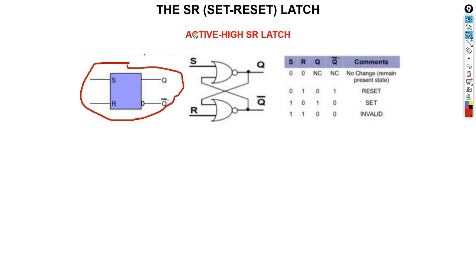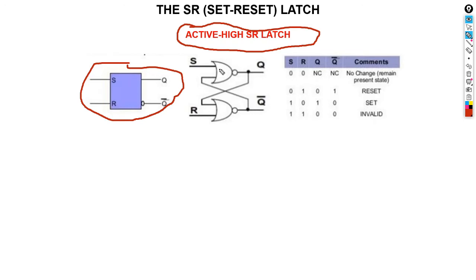But this is called an active I. As you can identify, it's only SR. This is an active I SR. These latches are basically made of gates, like your NOT gate, OR gate, and AND gate, so that the combination of the 2 is going to make us get some different output.